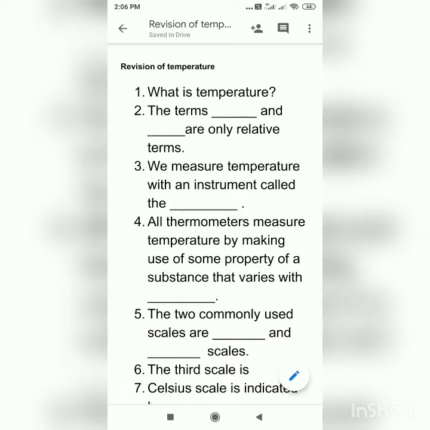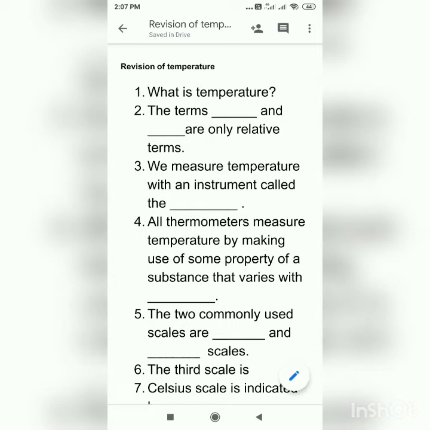Okay children, now we are going to revise the questions of temperature. I have told you about the numericals. Now what is temperature? Degree of hotness or coldness of a body or a place is called temperature. The terms hot and cold are only relative terms.